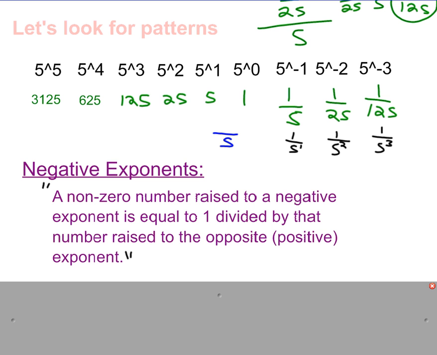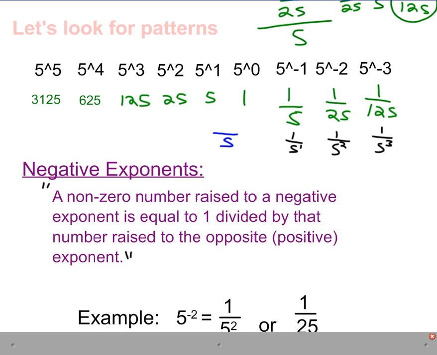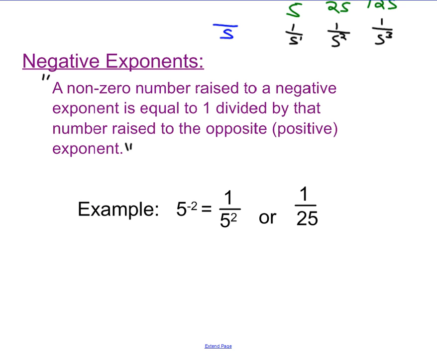So let's see here. I think I have some examples. 5 to the negative second power is equal to 1 divided by 5 raised to the positive second power, which would end up being 1/25. Let's say we have 3 to the negative third power.